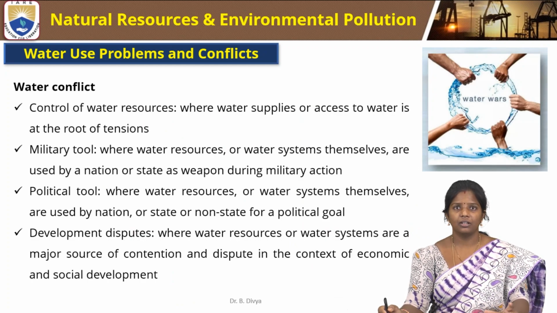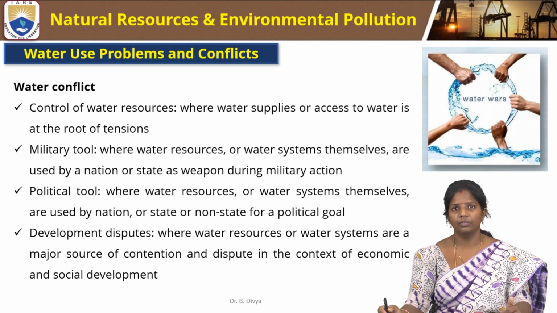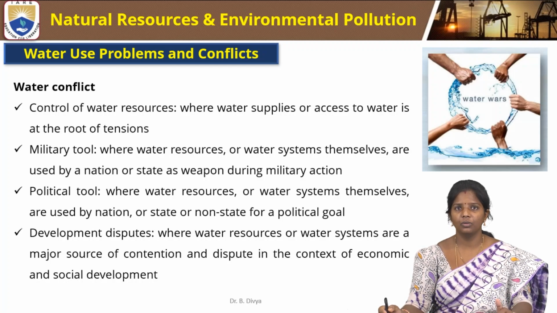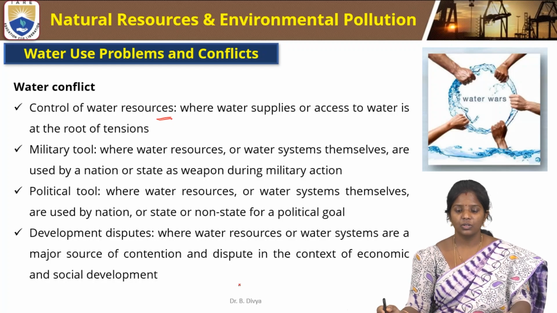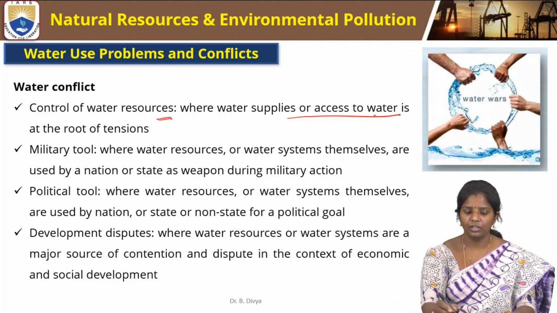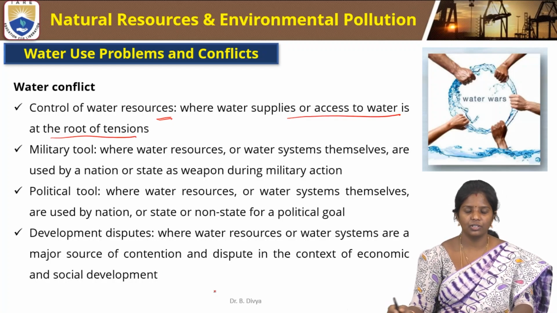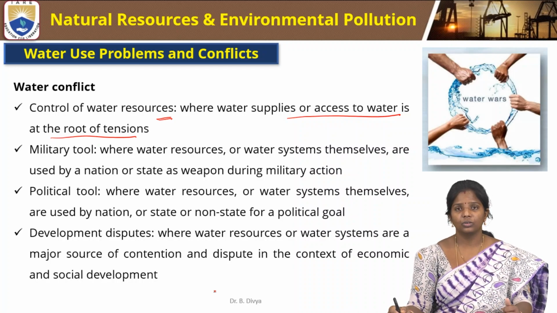Whenever there is a shortage or overuse, conflicts come out, so control of water resources is required. Water supplies or access to water is at the root of tension. Everyone requires water, so there will be shortage.